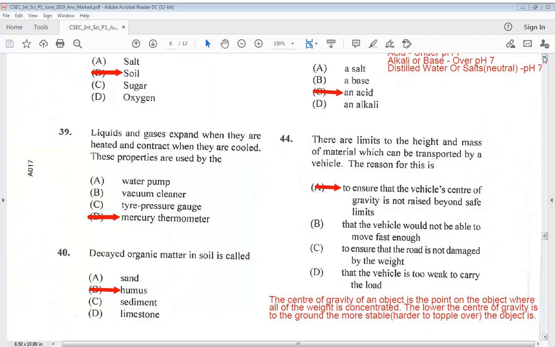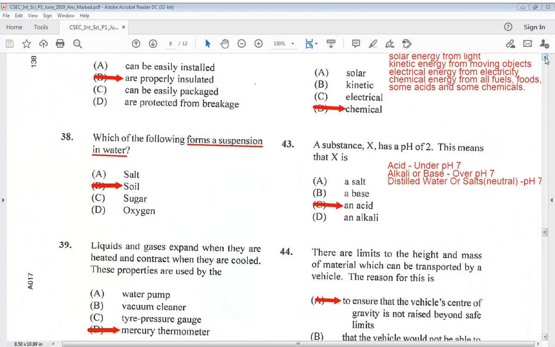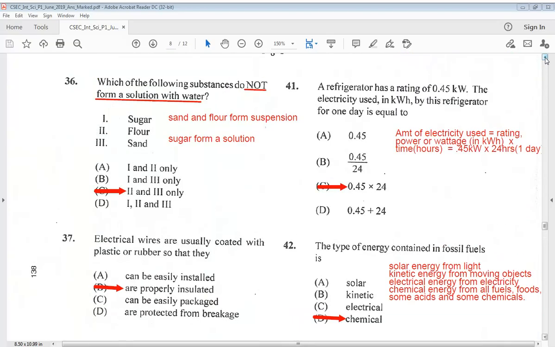Let's go to 41. 41 says a refrigerator has a rating of 0.45 kilowatts.